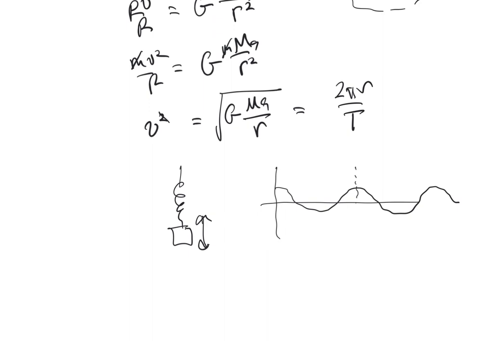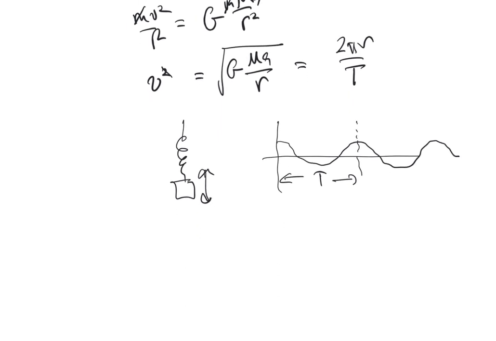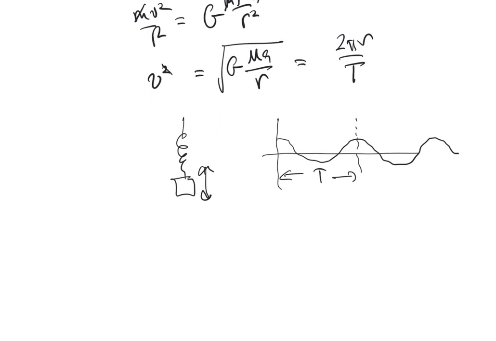And what's the main point? The main point is that if the period here is T, and the spring constant is k and the mass is m, there's a relationship: omega, which is the angular frequency, which is 2 pi divided by the period, is just the square root of k over m.